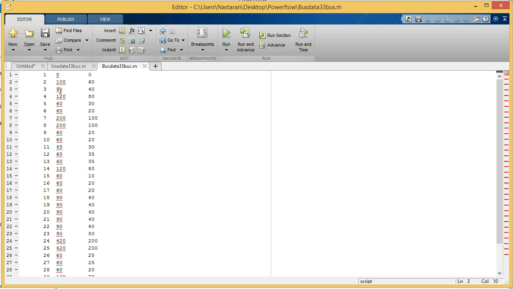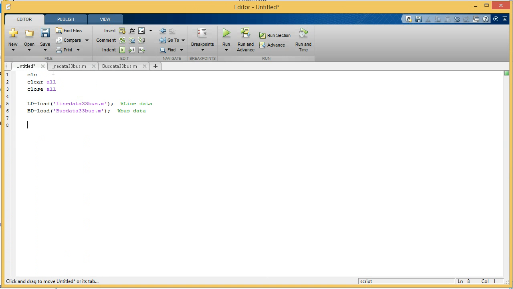The second column shows the P of the load connected to, for example, the second bus, and the third column shows the Q of the load that is connected to the second bus. So this is the bus number, this is the P of the load connected to that bus, and this is the Q of the load connected to that bus.